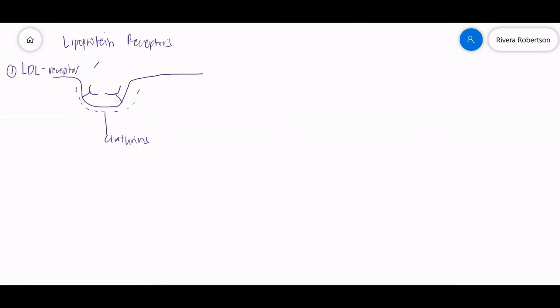Now, your LDL receptors are able to recognize two proteins. So, yung una is your ApoB100 and yung isa is your ApoE. So, once ma-recognize nila yan, magkakaroon ng endocytosis. So, ito yung LDL.